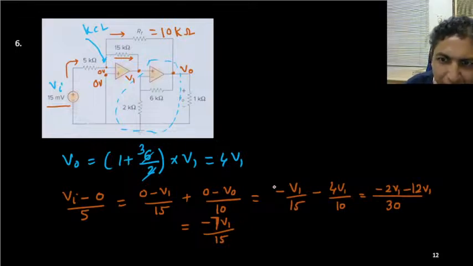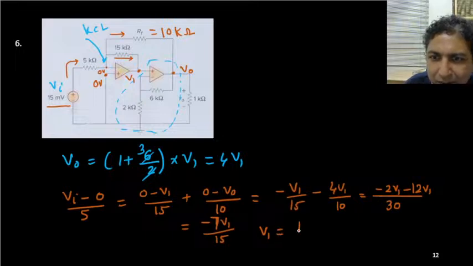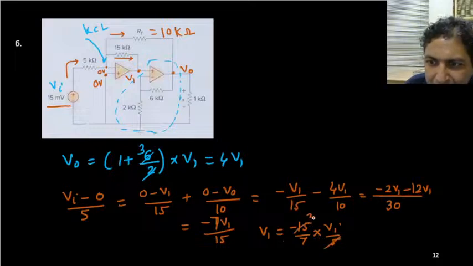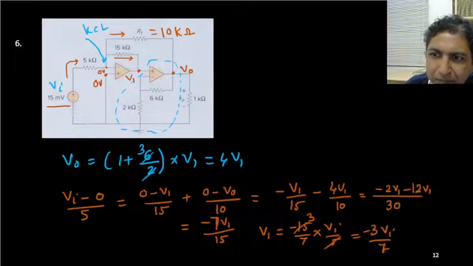Okay, so what is the V1? V1 is simply minus 15 by 7 times V1 by 5. Okay, this is your V1, and once you get V1, it's basically minus 3 V1 upon 7.